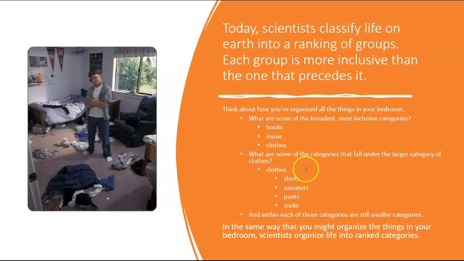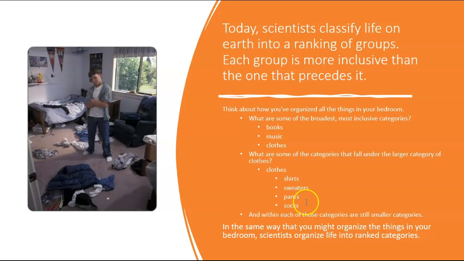Then you take each of those categories and divide them further into more specific groups. Your clothes, maybe you're going to divide them into shirts, sweaters, pants, socks, and maybe even by seasons, like summer clothes versus winter clothes.